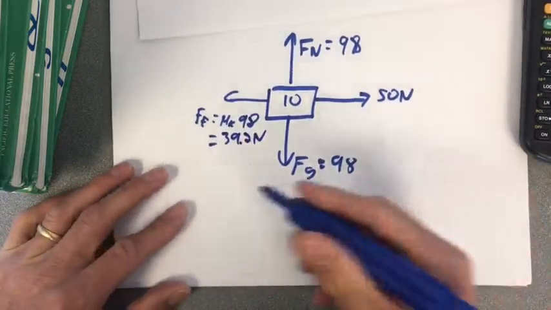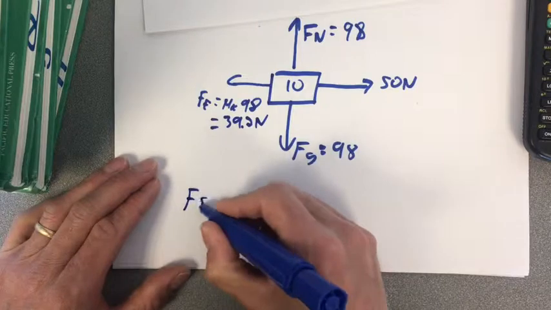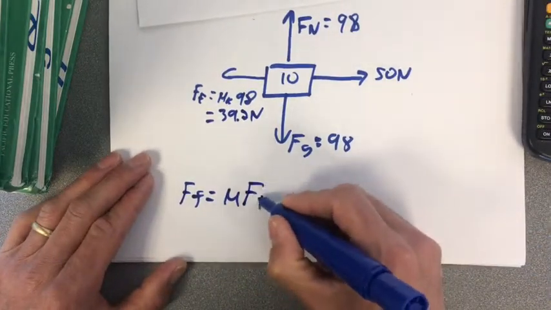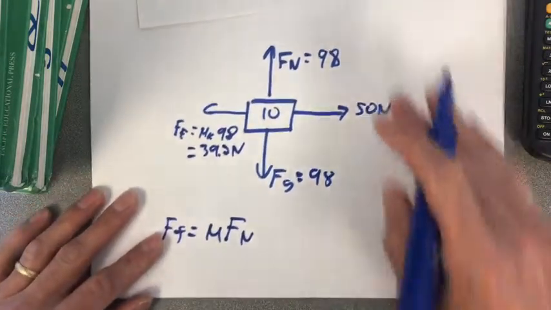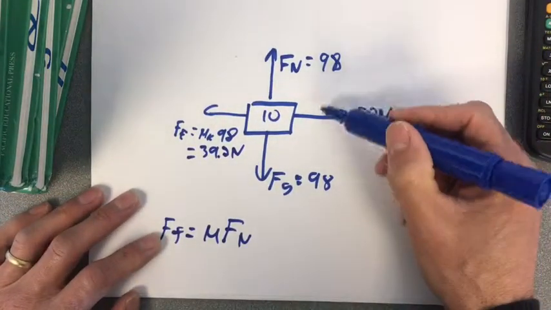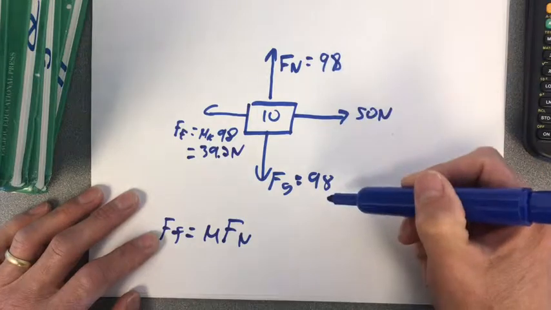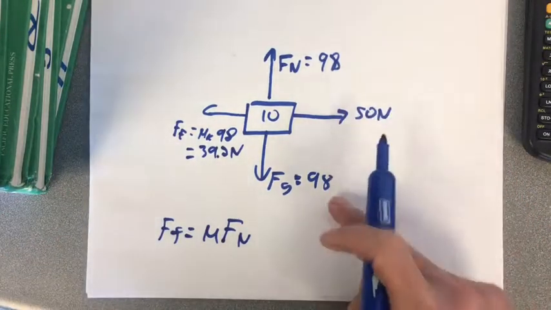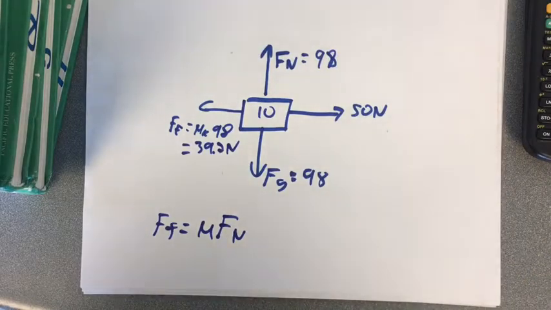You see the way I did that? The force of friction is the coefficient of friction multiplied by the normal force. Now in a problem like this, the magnitude of the normal force is equal to the magnitude of the force of gravity. So it could be tempting to always use the force of gravity. However, don't. You're going to see in the next couple of problems that it doesn't work there.